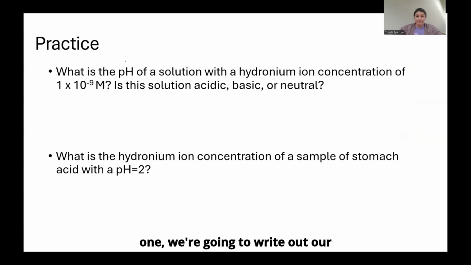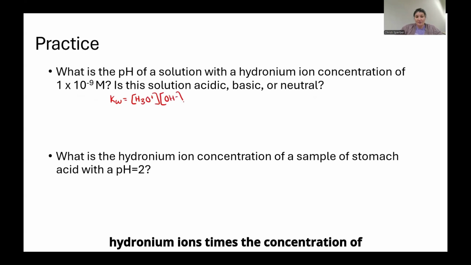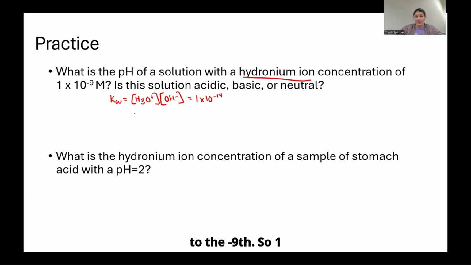So for the first one, we're going to write out our KW equation. Our KW is the concentration of the hydronium ions times the concentration of hydroxide ion equals KW, which is 1 times 10 to the negative 14th. Oops, sorry, I'm getting ahead of myself.